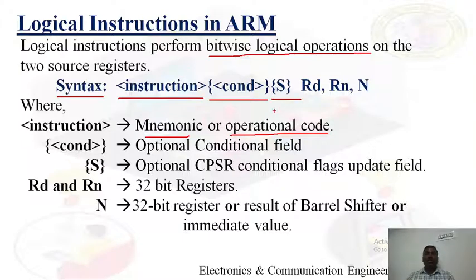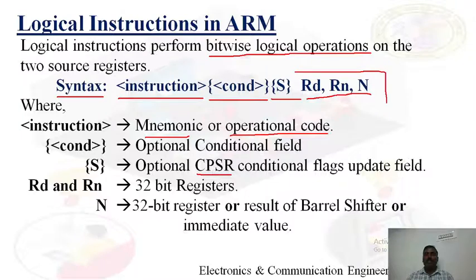Then coming to the third field, that is the status field. If we append the S suffix or postfix to the corresponding logical instruction, then after the instruction execution, the status flags in the CPSR may get affected based upon the result. Now coming to the fourth field, this fourth field is what?